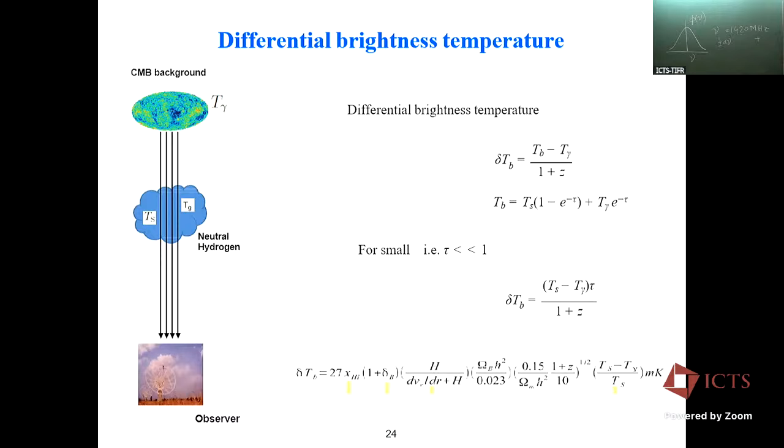Now, the normalization condition is that the integral of phi nu d nu is essentially 1. Right. So now this is alpha.